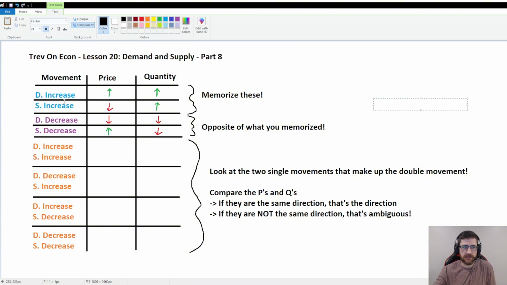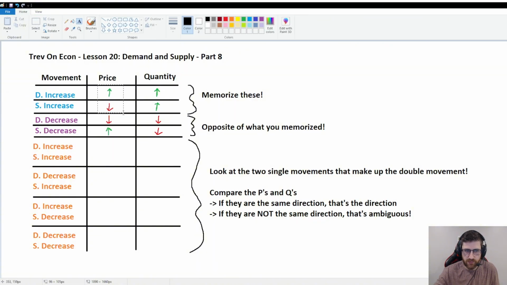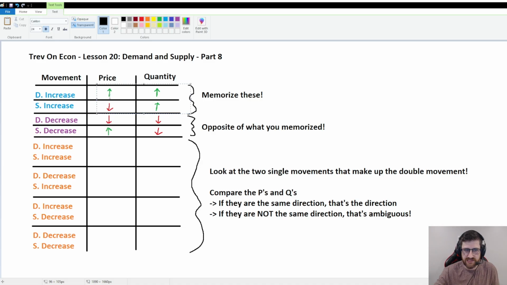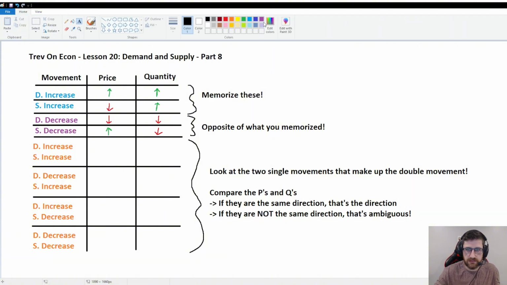So what do I mean by that? Well, let's take a look at D and S increase. So here's our two single movements up here. All right. Let's look at what happens to price. Well, one of them says price should go up. One of them says price should go down. So those are not the same direction. So this one is going to be ambiguous.